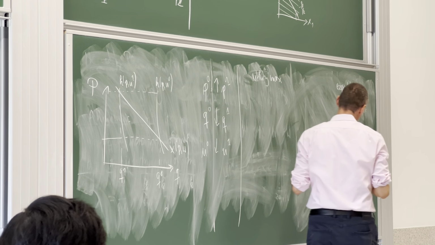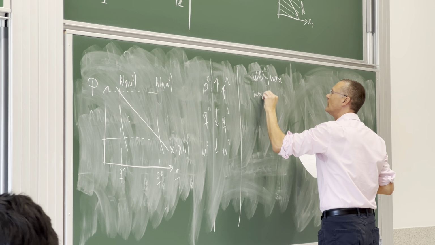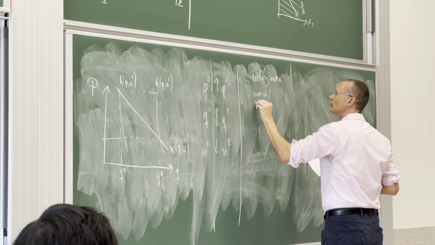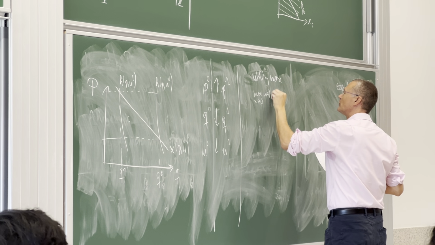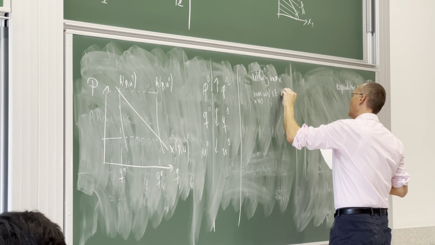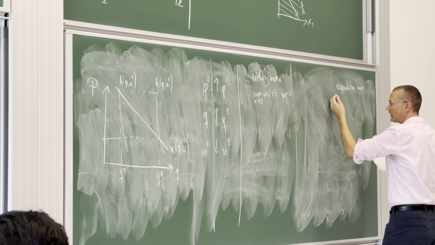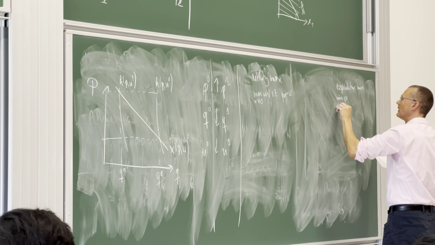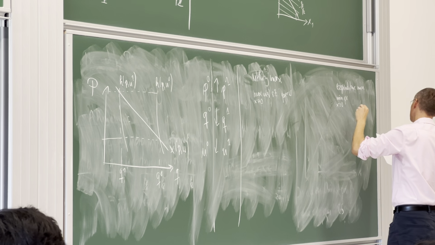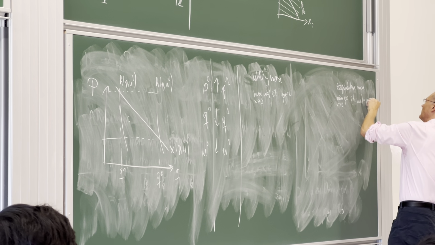Now you understand the detail. Maximizing utility: max u(x) over x, subject to p·x = w. Here we have expenditure minimization: minimize p·x, again by choosing x, subject to u(x) equal to some fixed u.